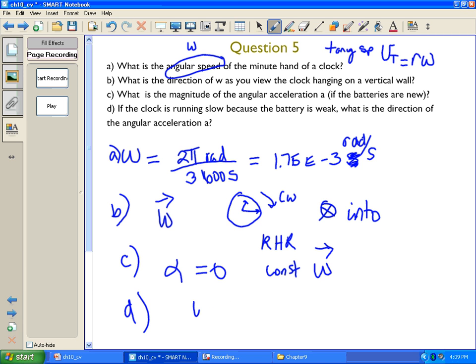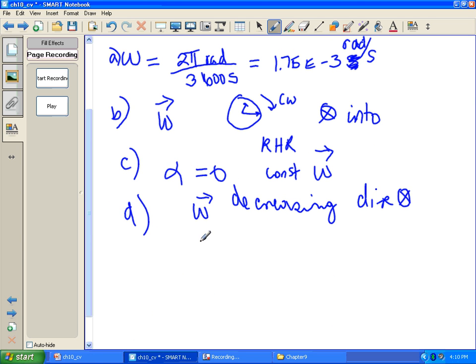Now the next part says the clock is now running slow. Well, that means that omega is decreasing, right? Its direction is still clockwise, so it's still into the plane of the clock, but because omega is decreasing, alpha does not equal 0, since there is a slowing down occurring.